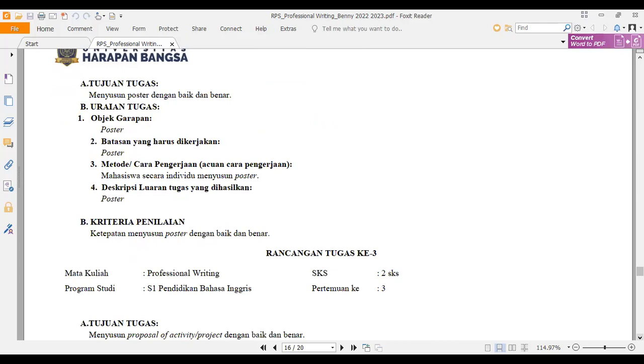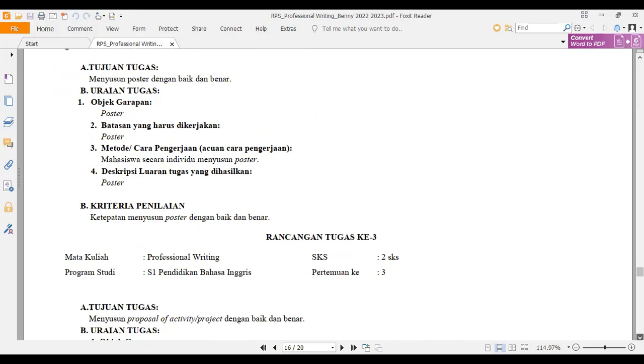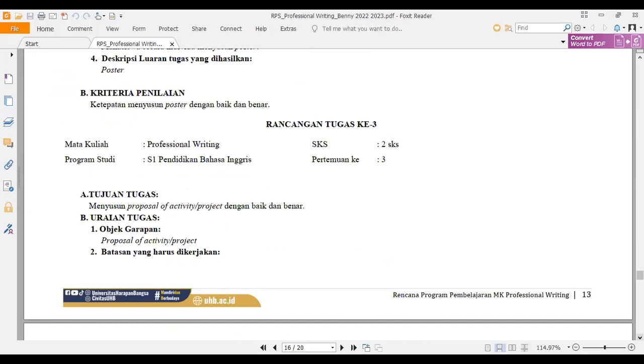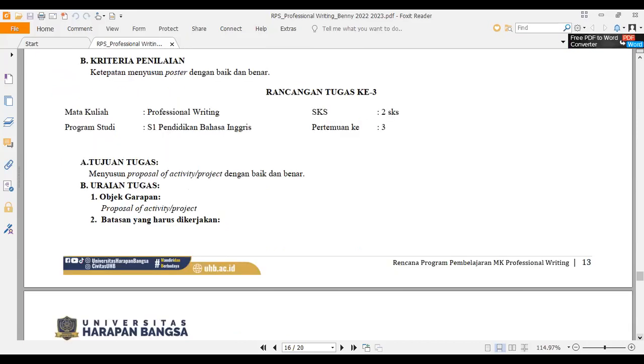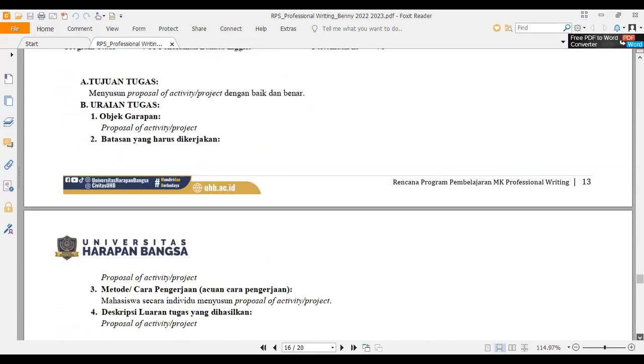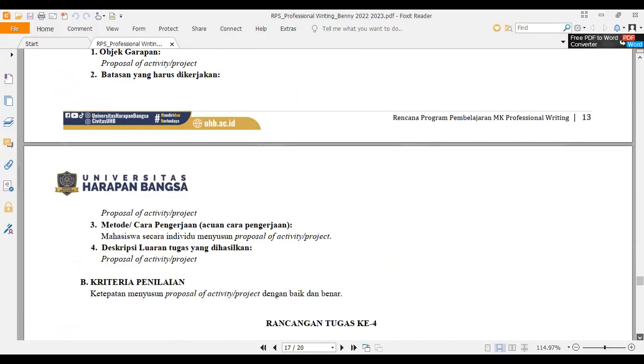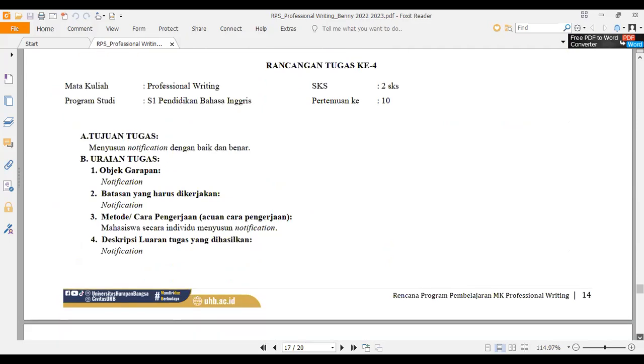You are going to create a poster individually. In meeting 3, you're going to create a proposal of a project or a project proposal. Meeting 4, there will be notification writing.